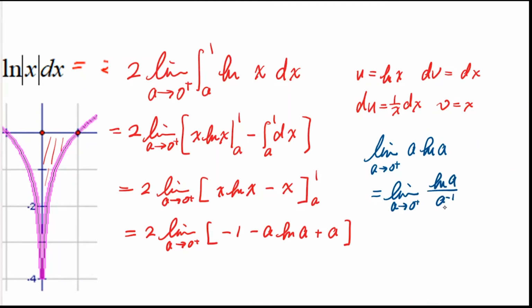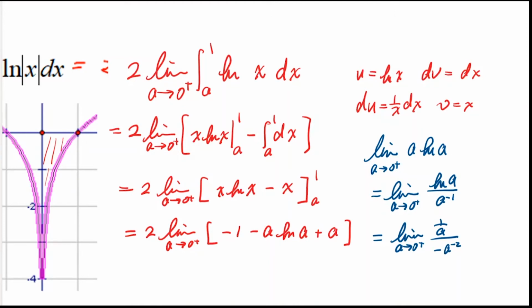So now let's check. If a approaches 0, this thing approaches infinity, and ln a approaches infinity in magnitude. So we have infinity over infinity. Now we can L'Hospitalize this. The limit as a approaches 0, this becomes 1 over a, and this becomes negative a to the negative 2 power.